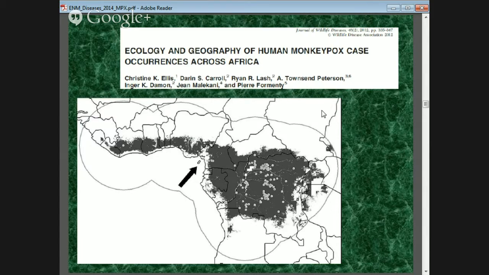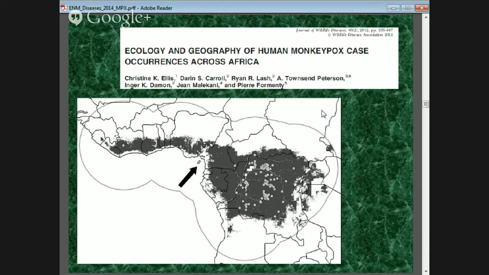This is probably the first exercise that was done with monkeypox and ecological niche modeling. It was Town and some other colleagues, Ryan Lash and Christine Ellis, who compiled this database which represents all the cases that were recorded by WHO at the end of the smallpox vaccination campaign.